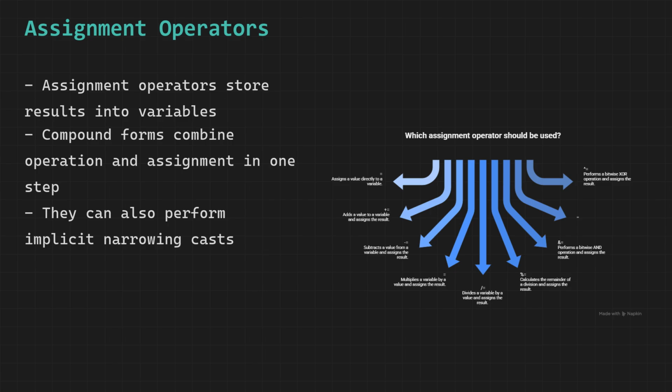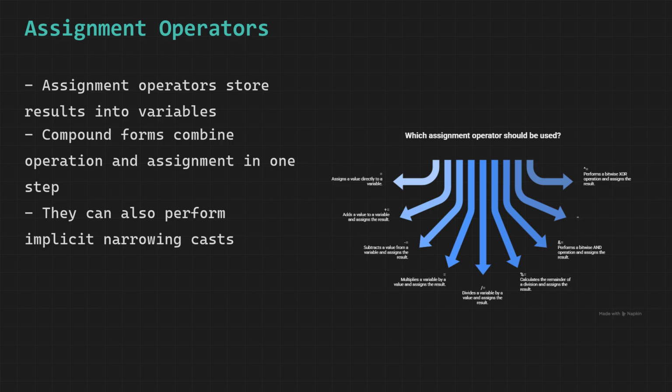There is one subtle but important behavior of compound assignment operators. They include an implicit narrowing cast. Consider a byte variable b set to 10. b += 5 compiles fine. But if you write b = b + 5, that gives a compile error because b + 5 produces an int result and you cannot assign an int to a byte without an explicit cast.